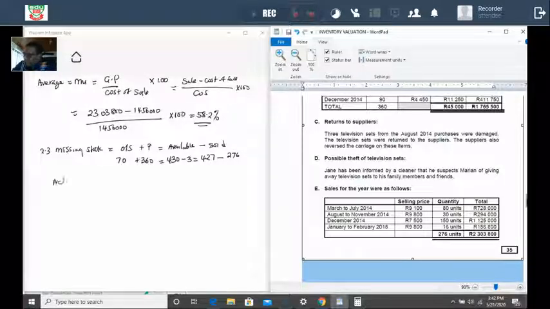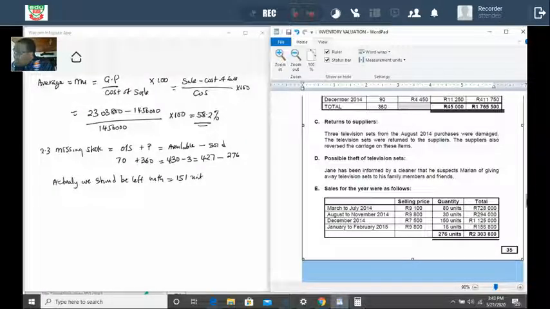So actually, we should be left with 151 units, but we are left with 145. That's what we have now, which means 6 missing units. So actually she's telling the truth. They were still in the stock.